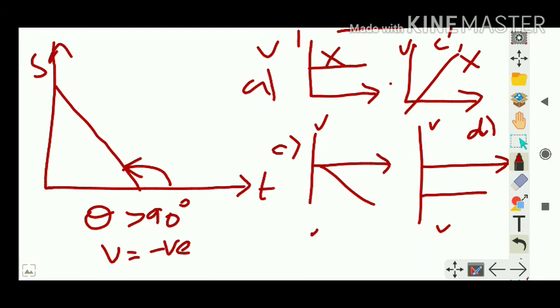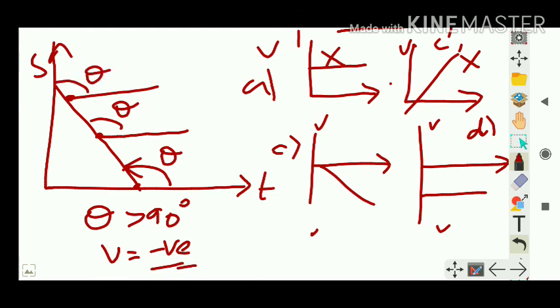Now look here, for this point this angle is theta. For this point this angle is theta. For this point this angle, right, theta. So the angle is not changing, so V is negative and it is constant, right? So negative and constant means the option is this one. Yeah, this is how you are supposed to do a NEET question.